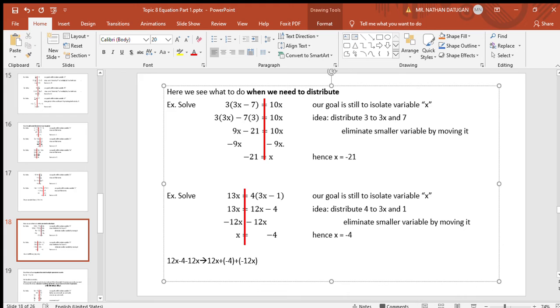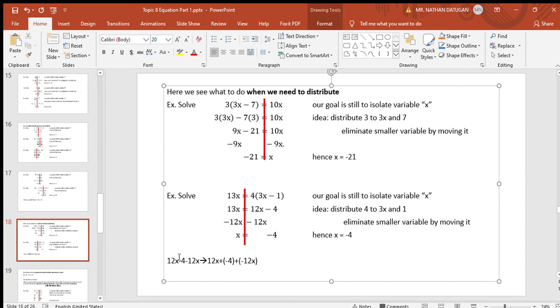This is in the first part of this video, so check on that. 12x and negative 12x become 0, so you're left with negative 4. That's basically what we did on the other examples too. 13x minus 12x is basically x. So our answer is x is equal to negative 4.